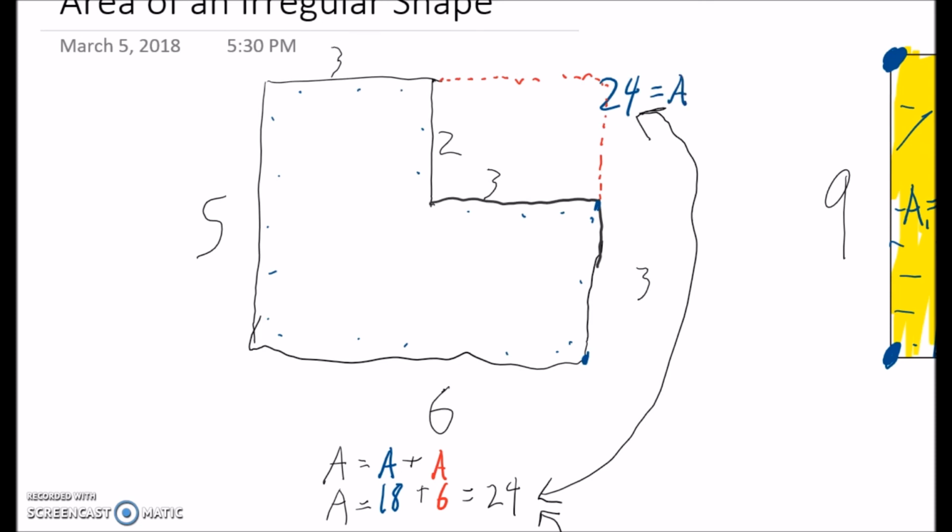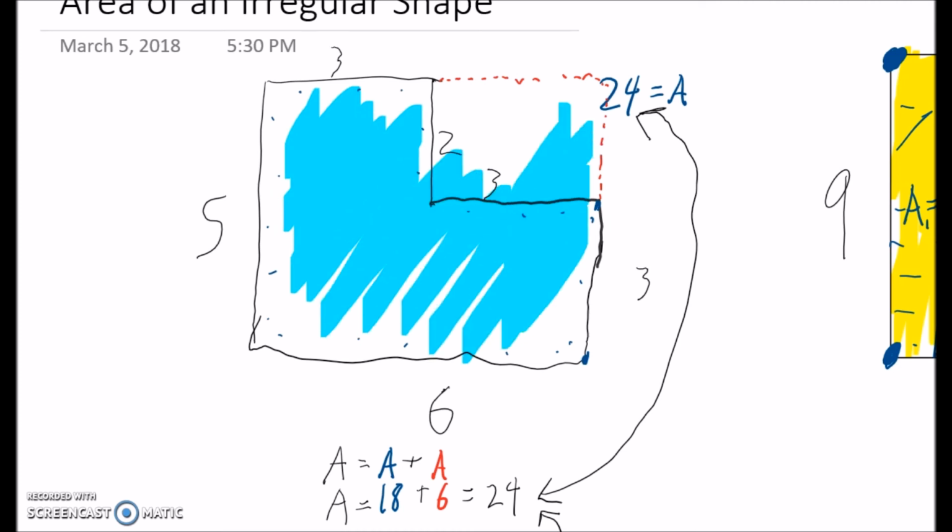But this new square right there, we're going to subtract that off of the total. So let's first find the total shape. So I'm going to just quickly cover the whole thing in this blue. So this entire shape, we're looking for that entire rectangle. What's the area for the whole thing?